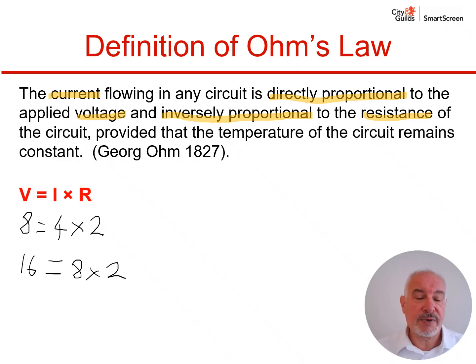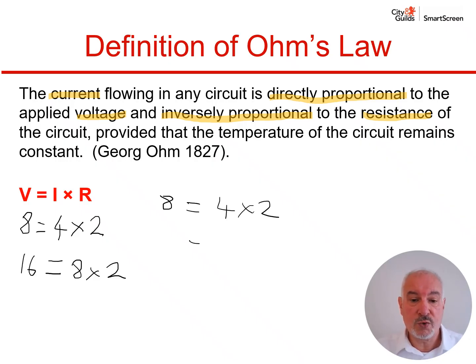But now let's think about inversely proportional, because George Ohm said that the current is inversely proportional to the resistance. So again, using some numbers, if we start with the same numbers, 8 equals 4 times 2, so 8 volts equals 4 amps times 2 ohms.